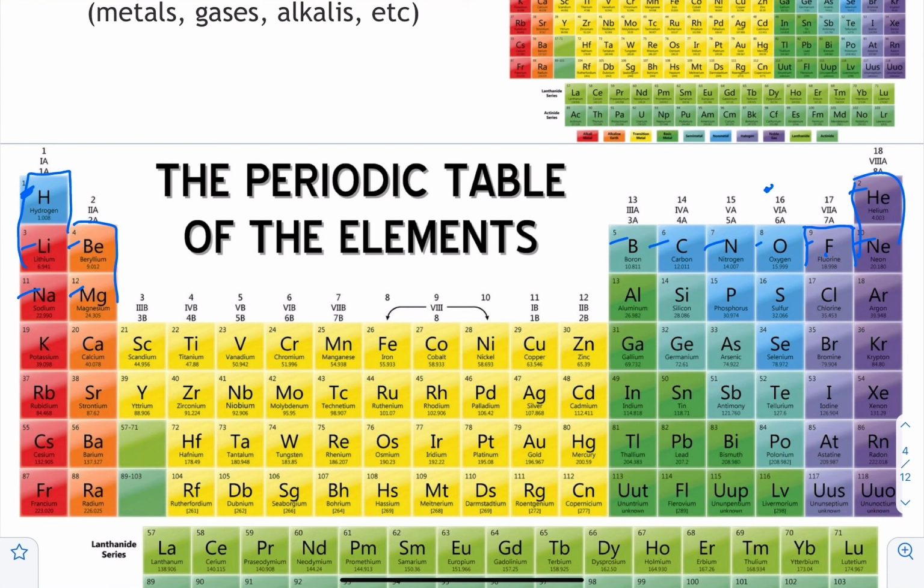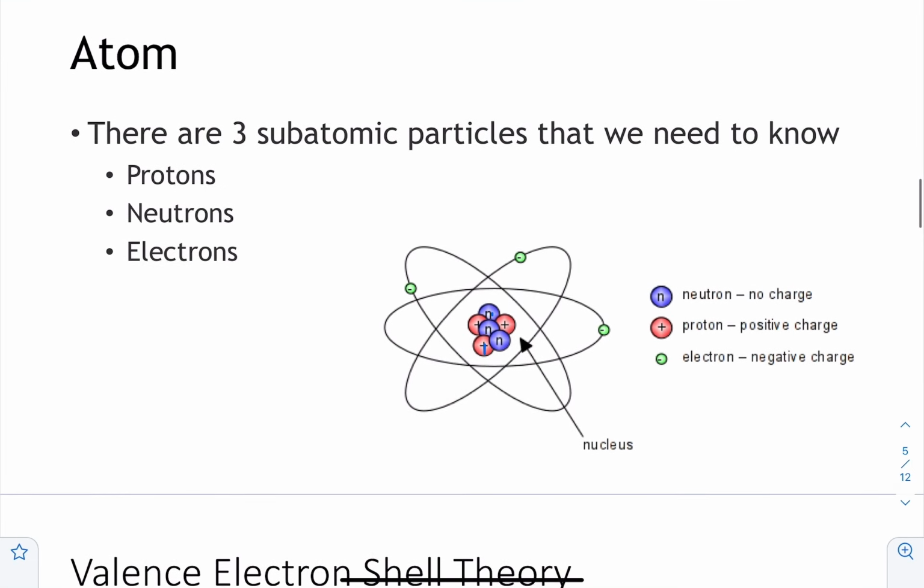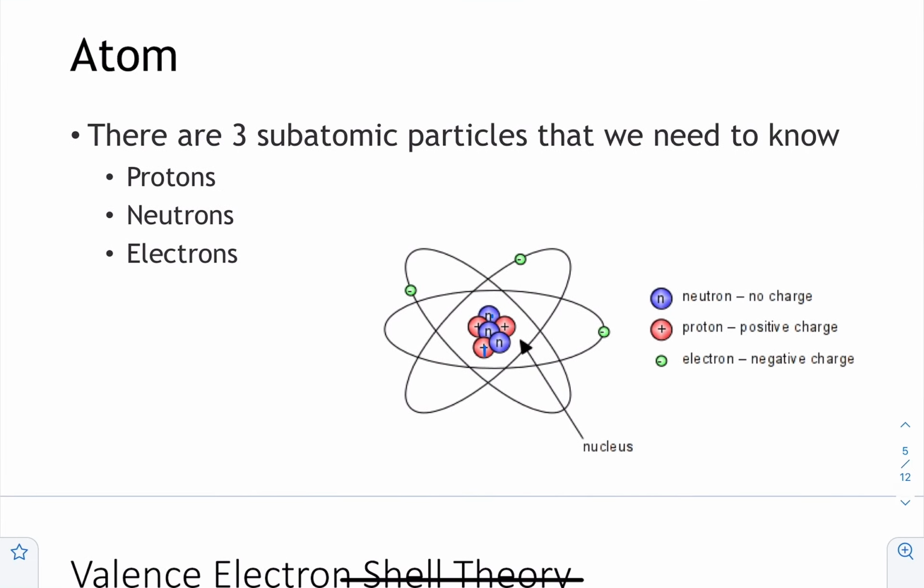And then you'll see on the bottom here, this number is the atomic mass, which is the mass of protons and neutrons combined. So to show you the closer look of an atom, you have here the nucleus, which consists of the protons and neutrons. Protons and neutrons make up the mass in the nucleus. So all the mass is in the nucleus.